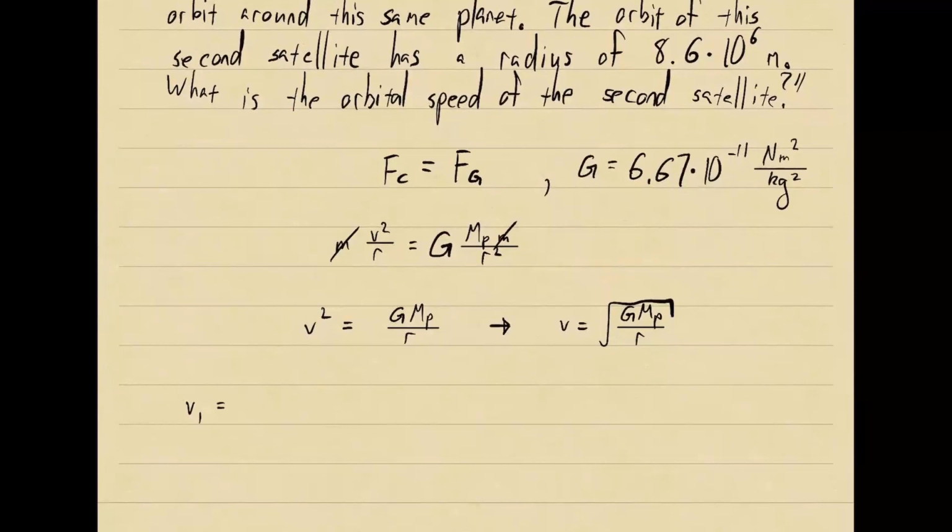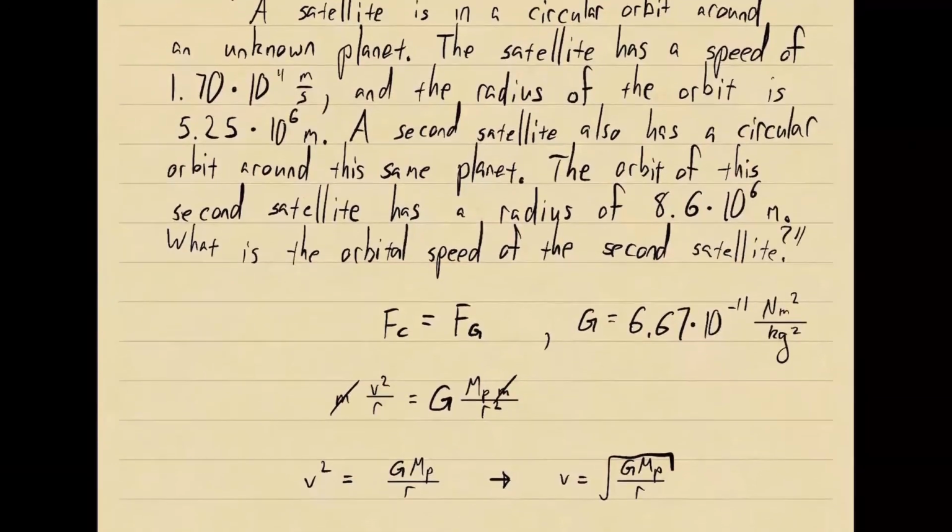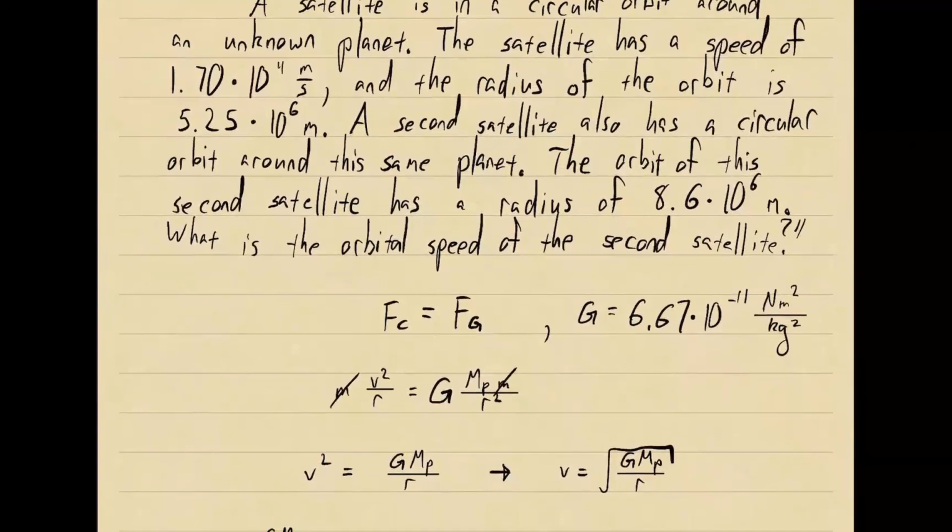Its speed is going to be given by this thing that we found here. So g stays the same, the mass of the planet stays the same, but we're at some radius r1, which according to the problem is 5.25 times 10 to the 6 meters. So this is our r1.